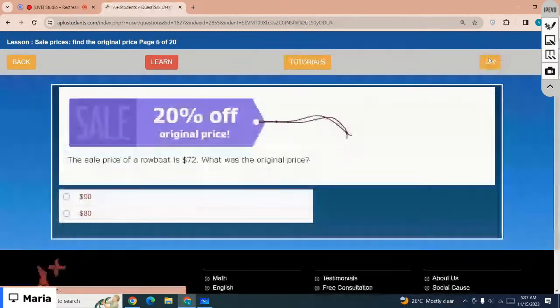Okay, the next one is the sale price of a rowboat is $72. What was the original price? So, which is the correct option?